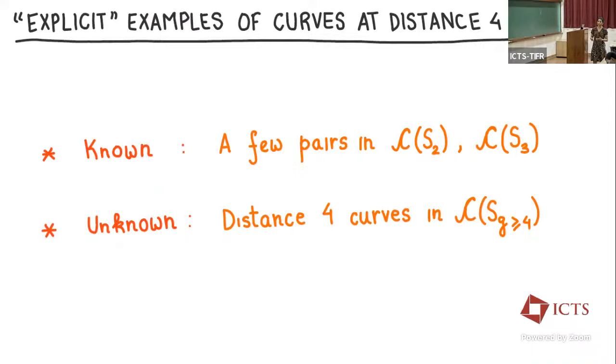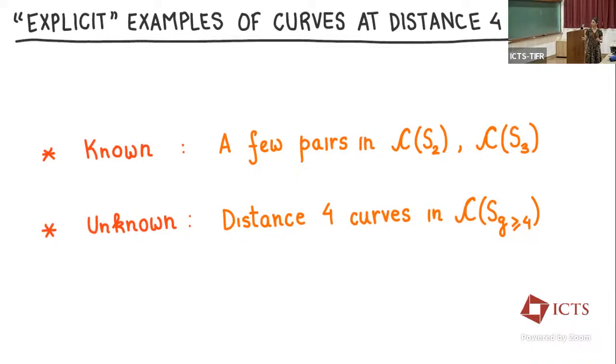Before attempting to find the exact value, I wanted to see how these numbers interact with each other. So I wanted to see a few pairs of curves. When I tried looking for this, I found that only a few pairs were known in the genus 2 surface and the genus 3 surface. For genus 2, they were mostly given by Glenn and Manasco's work, and we know one pair given by Hempel.